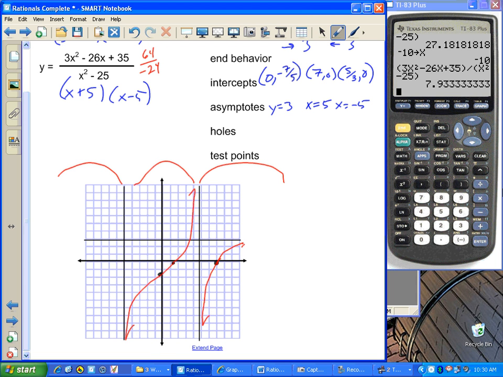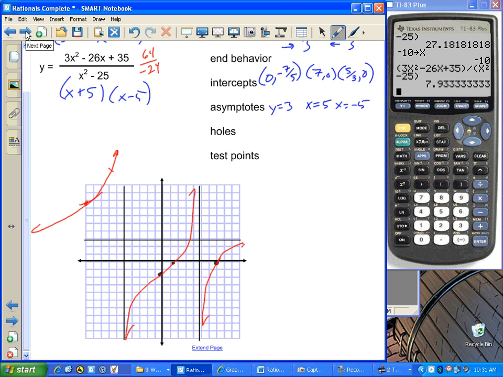Oops, I need a point. 4, 5, 6, 7, right there. So it's going to shoot up, it's going to shoot down and keep approaching that horizontal asymptote. So that's my graph. So let's get rid of these brackets here. It's not super precise, but it's an accurate depiction of what's happening in the graph.